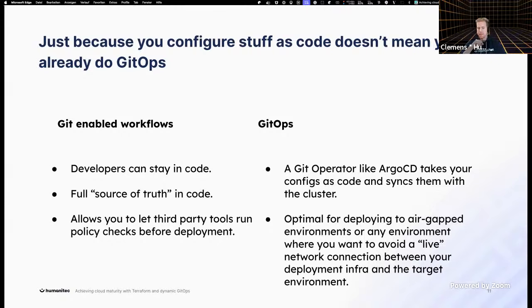That is great. But in contrast to that, actual GitOps has something like a GitOps operator if you're relying on Kubernetes, like Argo CD, for example, or Flux. Those are the two that we mainly see in the field, which take your configuration as code and sync it with a Kubernetes cluster. And then on the cluster, different tools pick up what has been synced and turn, via the desired state checking loop of Kubernetes, the instructions of what should happen once again into a reality.